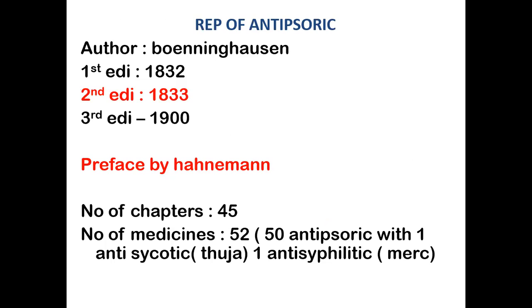Important is the preface by Hahnemann. So the preface was given by Master Hahnemann. It contains 45 chapters and 52 medicines, that is 50 antipsoric with one antipsychotic and one antisyphilitic: in antipsychotic, thuja, and in antisyphilitic, merc.